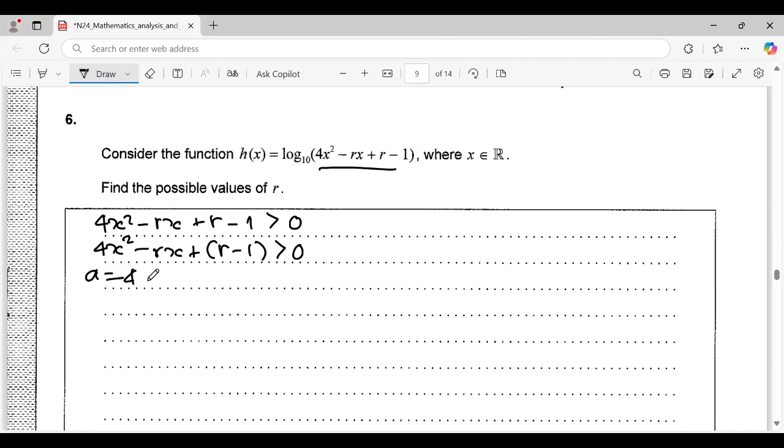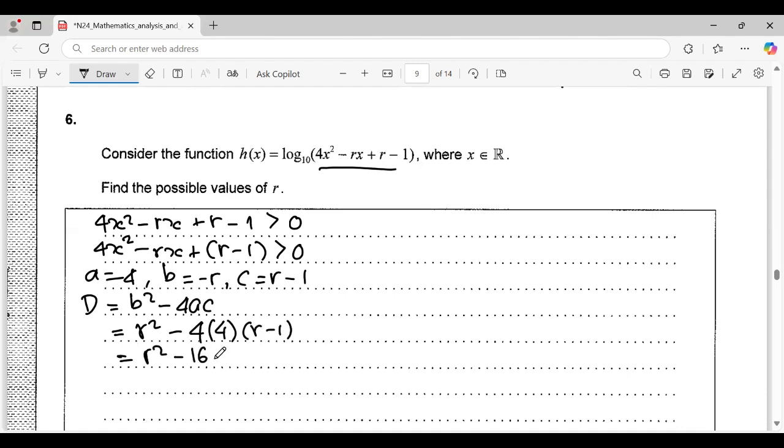A equals 4, b equals minus r, and c equals r minus 1. I would like to find the discriminant, b squared minus 4ac, which is r squared minus 4 times 4 times (r minus 1), so r squared minus 16r plus 16.